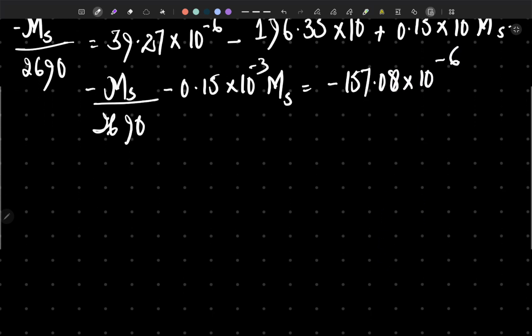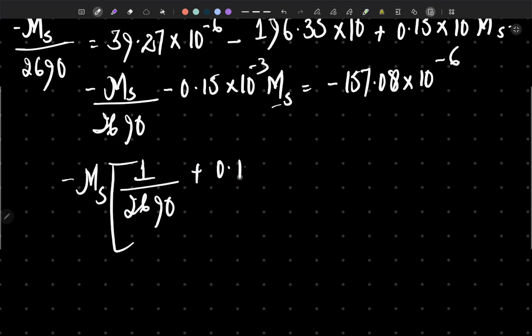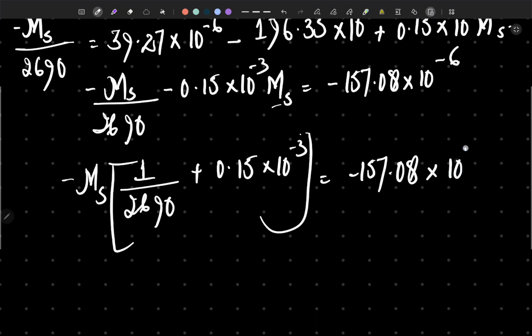I'll take ms common over here: ms times 1 by 2690 plus 0.15 into 10 raised power minus 3 is equal to minus 157.08 into 10 raised power minus 6. Minus and minus will go.